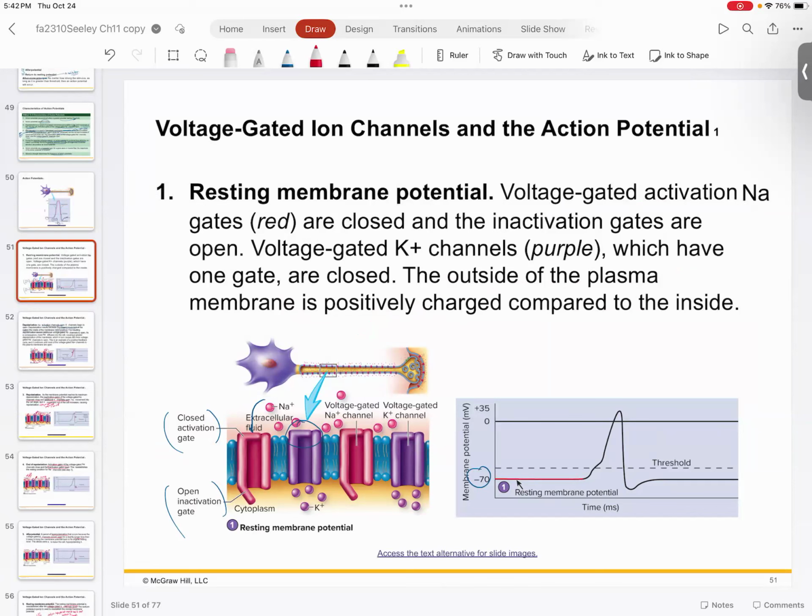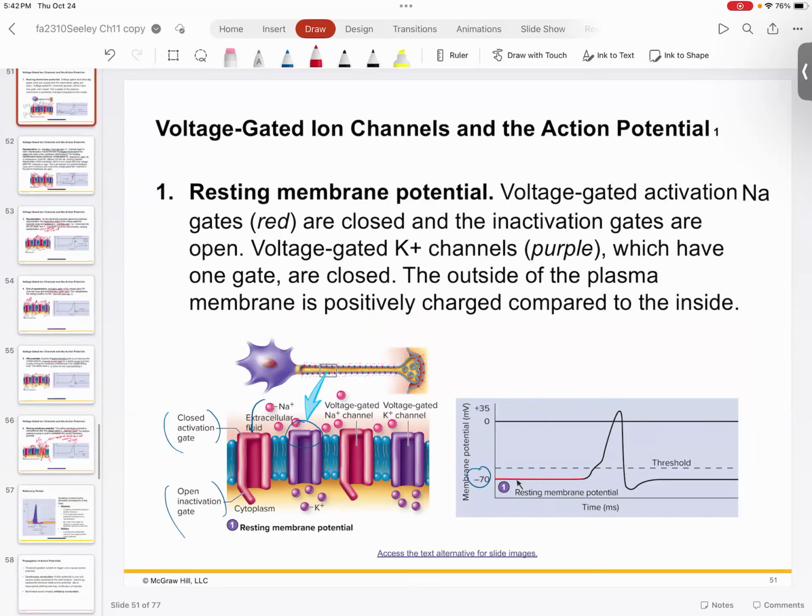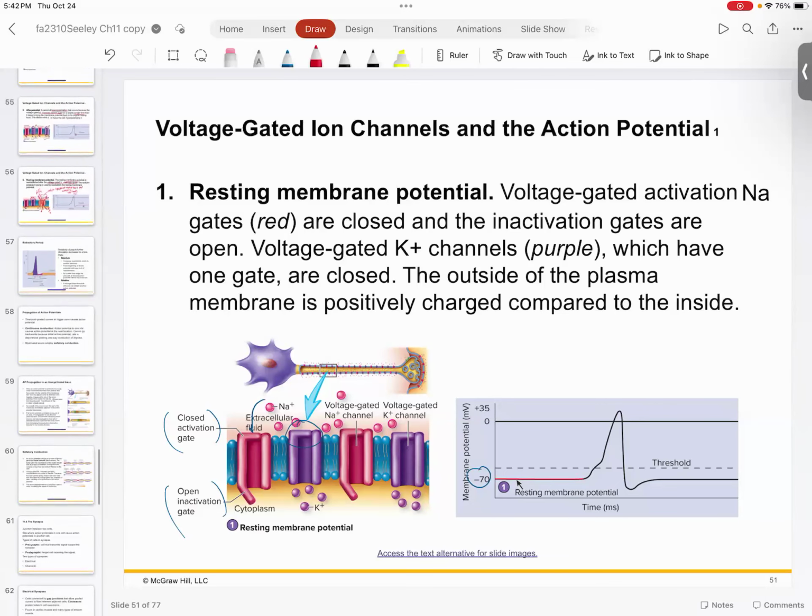A resting membrane potential with a sodium concentration high on the outside, potassium high on the inside, maintained at -70 by the osmotic leakage of potassium mostly, but also sodium and maybe a little bit of chloride.